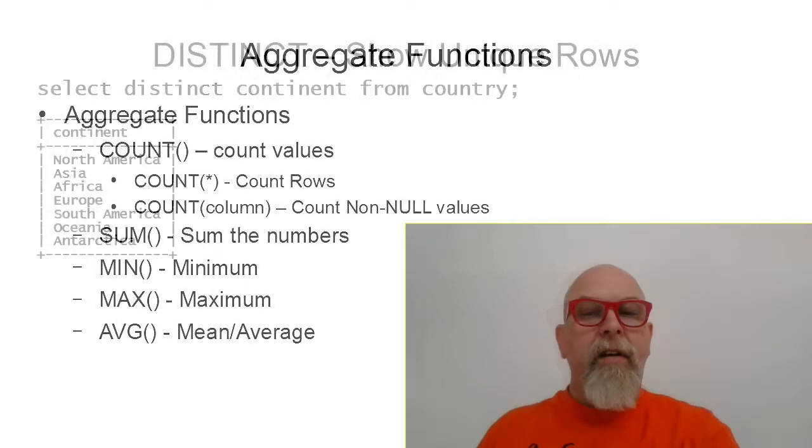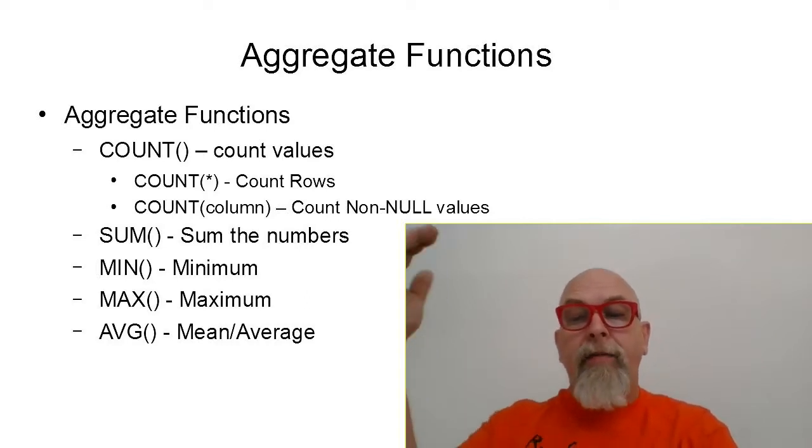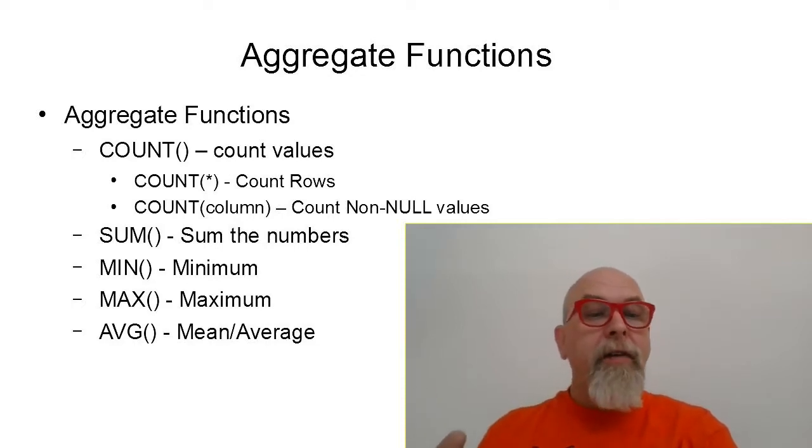The aggregate functions are used to aggregate columns into single values. For instance, the count aggregate function will count rows or count non-null column values. The sum aggregate function will sum a column of numeric values into a single value.